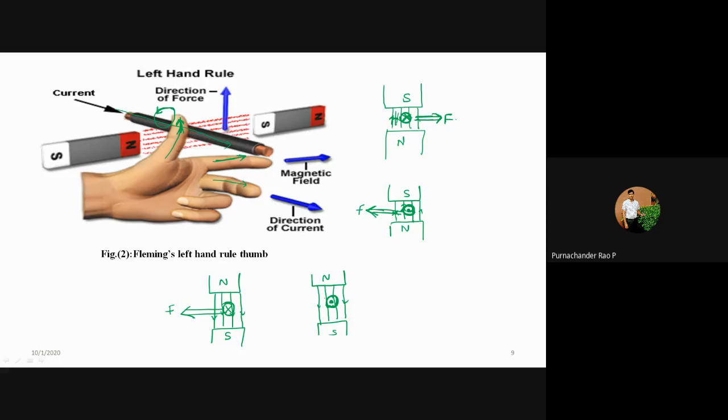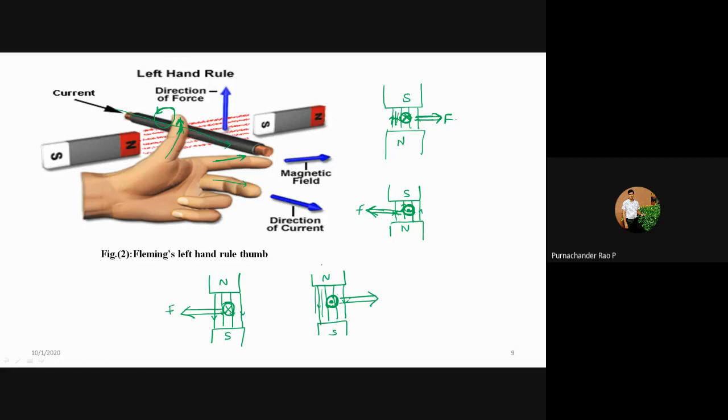Therefore the flux will be in the anti-clockwise direction here. As the flux produced is anti-clockwise, the crowding of the flux takes place on the left side, and weakening of the flux takes place on the right side, and therefore it exerts a force in the clockwise direction.